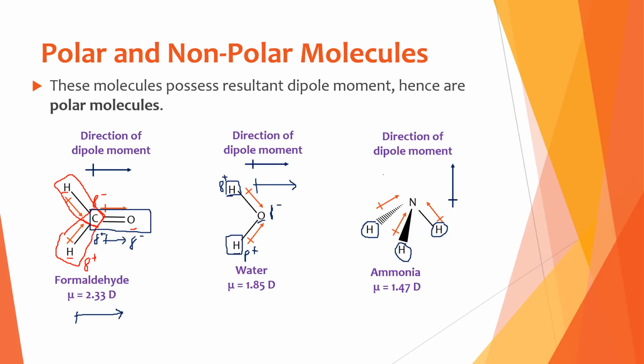So even though the side atoms are the same, because the shape is not symmetrical, the direction of the dipole moment will come from downward towards upward. So when a molecule possesses a dipole moment, it results in a polar molecule.